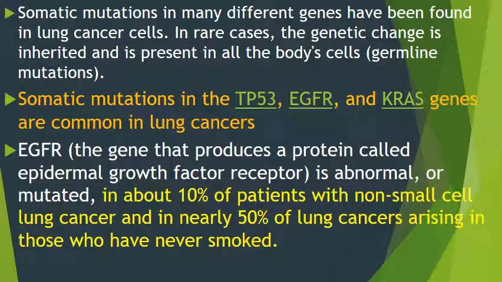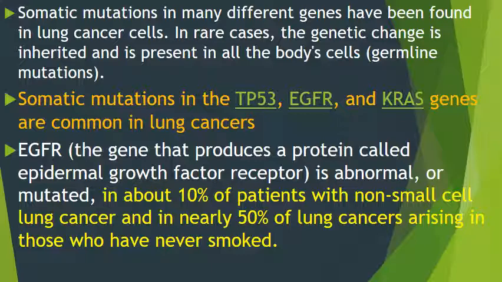Somatic mutations in many different genes have been found in lung cancer. Sometimes, in rare cases, the genetic change is inherited. In such a case, it is present in all body cells, not only certain cells as in somatic mutation, and it is called a germline mutation because it is inherited.